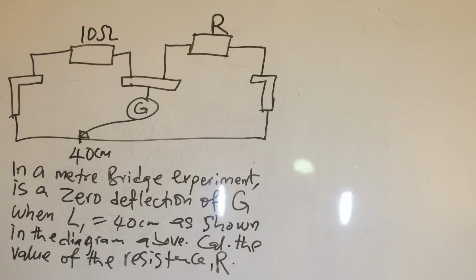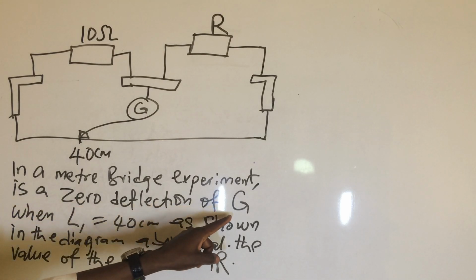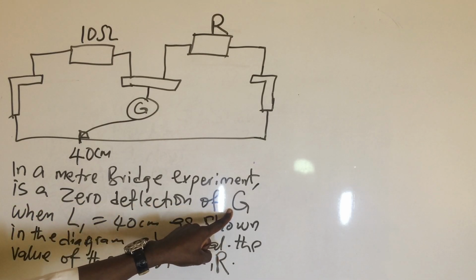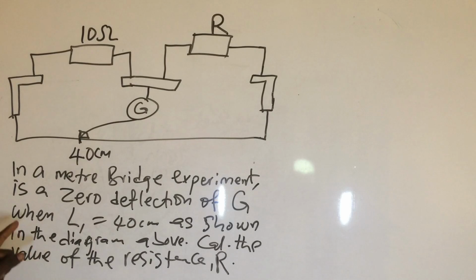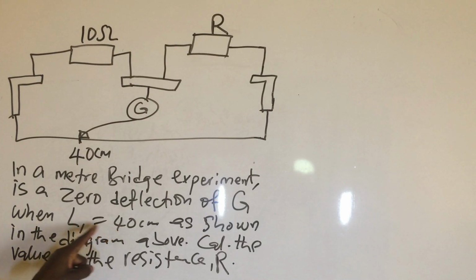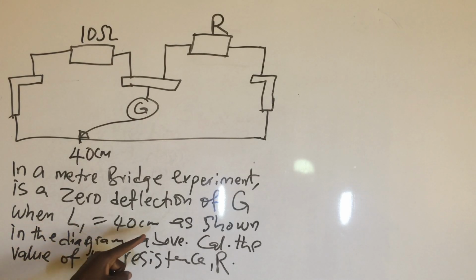Now the question says, in a meter bridge experiment, there is a zero deflection of a galvanometer. We use G to represent the galvanometer, which is this one that is always connected to it, when the length L1 is 40 cm.